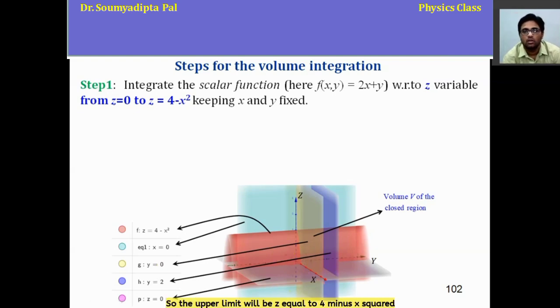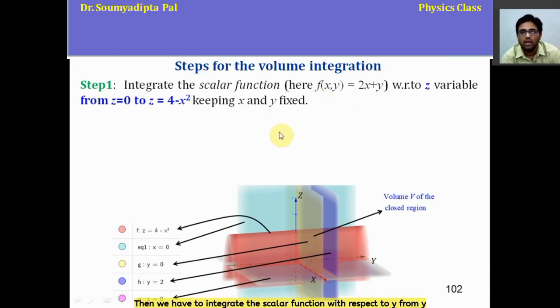So the upper limit will be z equal to 4 minus x square, because it will vary depending on the x position of a particular column which has been chosen for integration with respect to z. Understood? And here we have to keep x and y fixed.